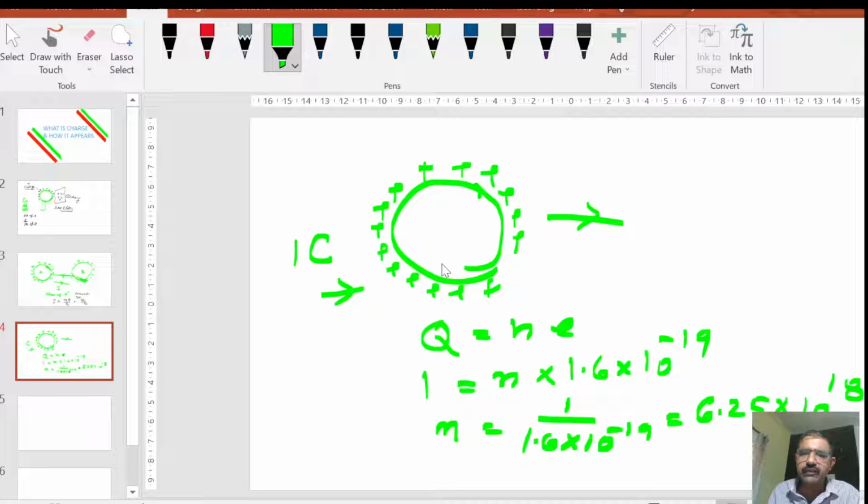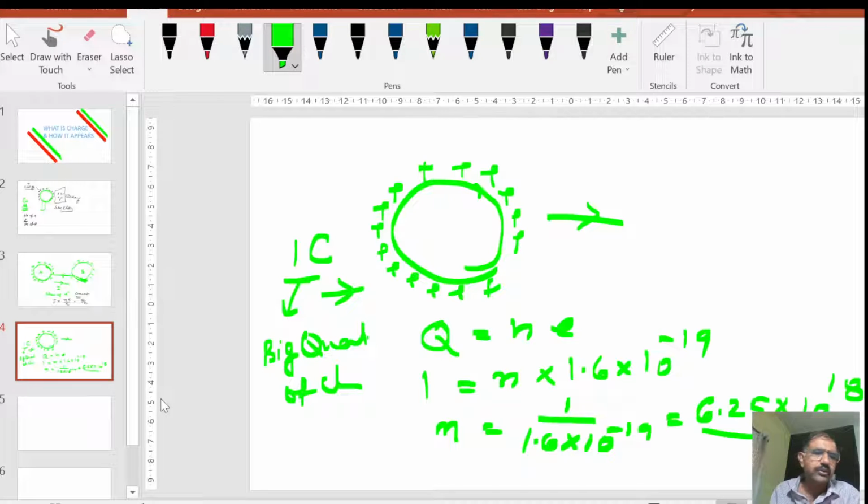So now we understood that if I remove 6.25 into 10 raised to power 18 electrons from a metallic sphere, then it will acquire a charge of 1 coulomb. So 1 coulomb is basically a big quantity of charge.